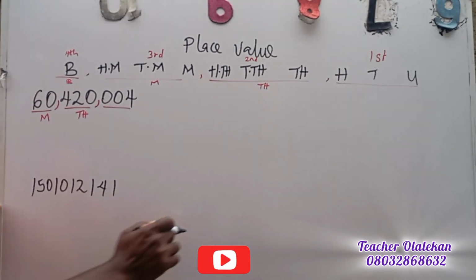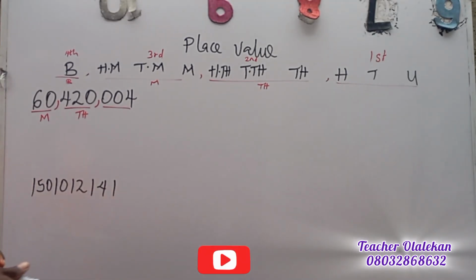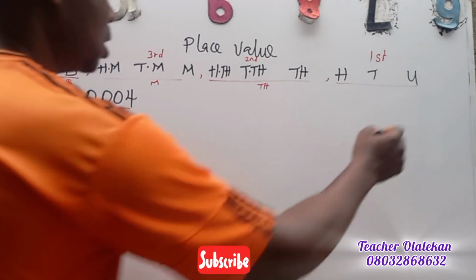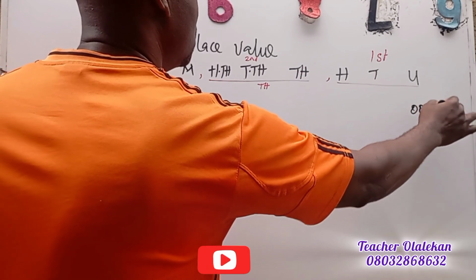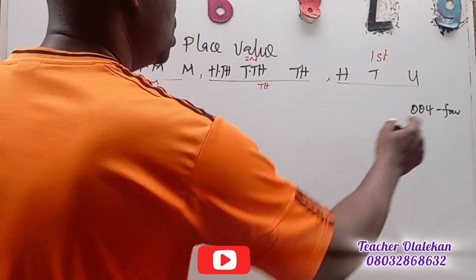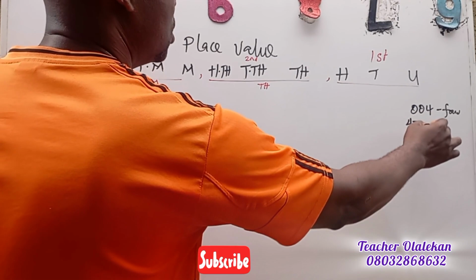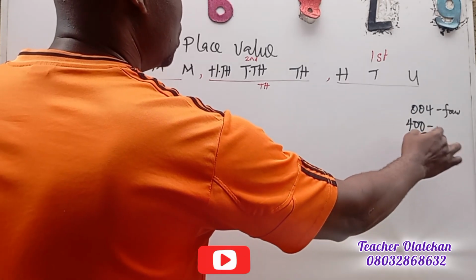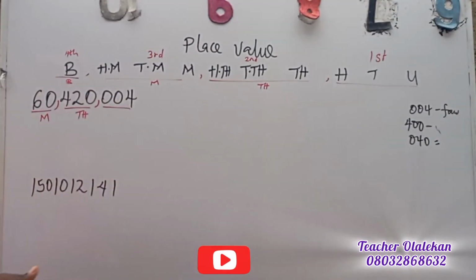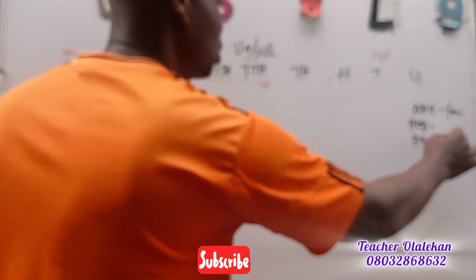And do not forget, there are a few things you need to note when you're writing in words. Like 004 is just 4. And if you have it as 400, that is 400. And if you have 040, that's 40. So 40, 400, and 4.